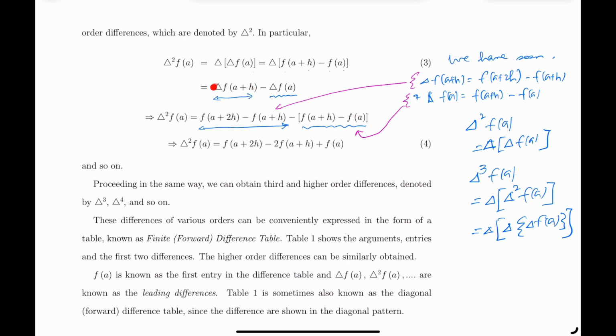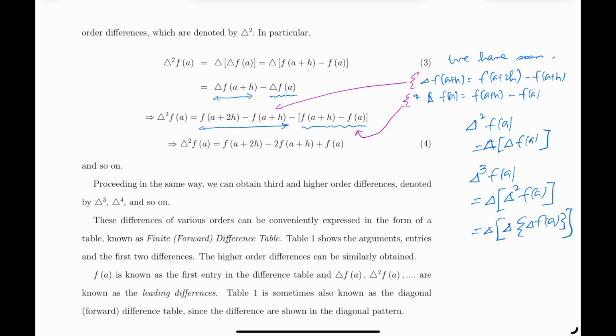Now expand this term, Δf(a+h). Δf(a+h) is f(a+2h) − f(a+h). So this comes here. Okay, and then Δf(a) is f(a+h) − f(a). So this comes here. So we have Δ²f(a).